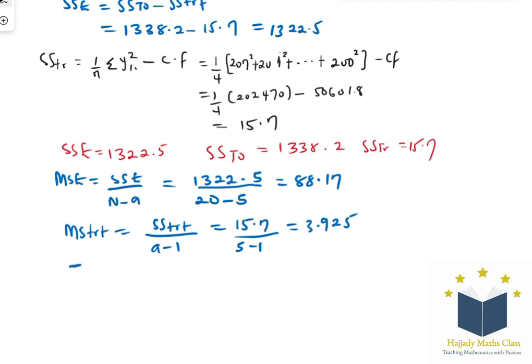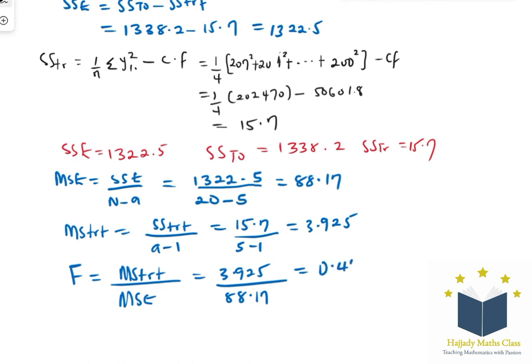So to calculate my F, the formula for calculating F is MS treatment over mean square error. In this regard, we are no longer using our SS total. So my mean square treatment, which is 3.925, over mean square error, which is 88.17, gives 0.445.